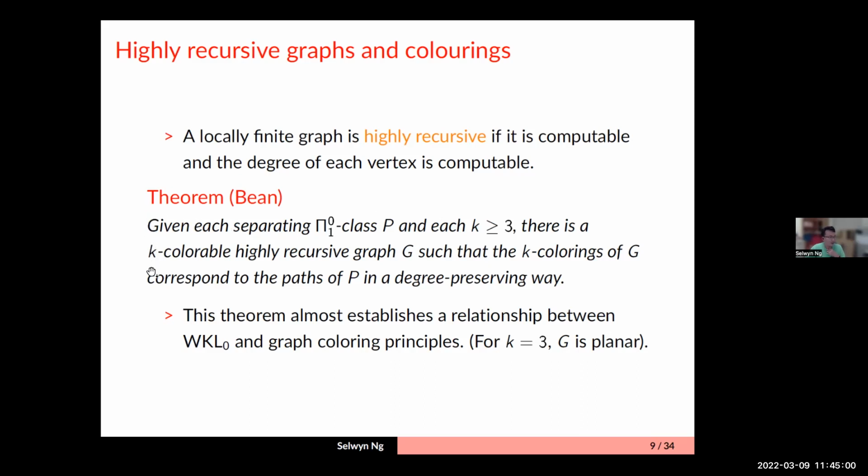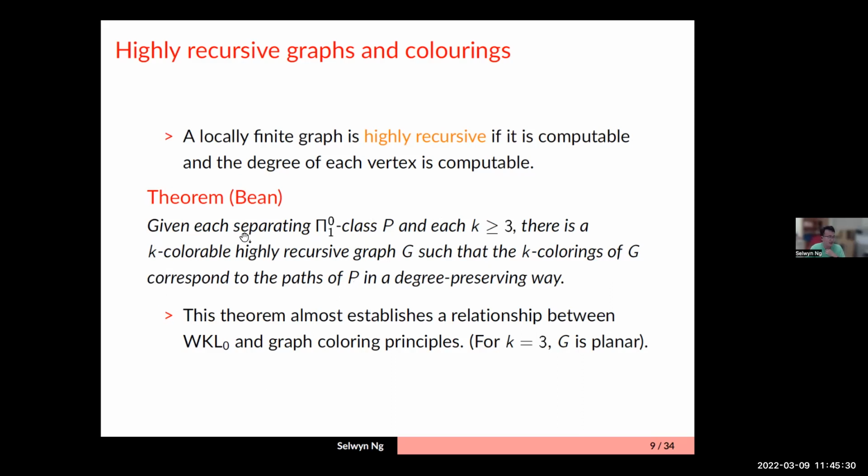And he showed that in every separating Pi^0_1 class, you can encode the paths into a highly recursive graph which is k-colorable, in a way where the paths in the Pi^0_1 class correspond exactly degree-wise to the k-colorings of the graph. So this theorem almost establishes a relationship between WKL and certain graph coloring principles.